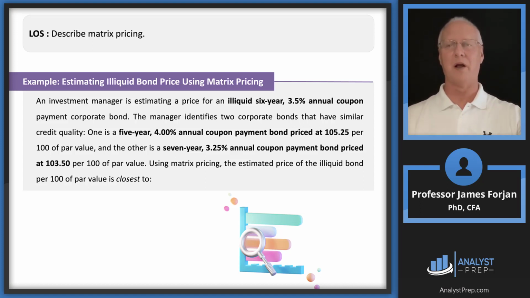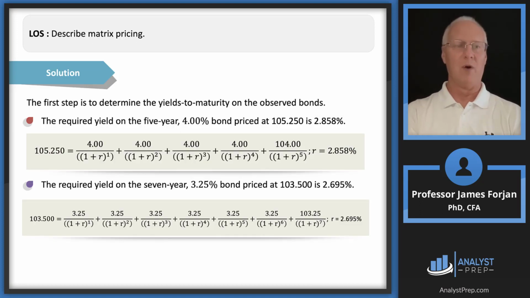So we're going to take the 5-year bond, which has a similar coupon, and the 7-year bond, which has a similar coupon, and we're just going to average those. So using matrix pricing, how are we going to do this? Well, the first thing we're going to do, as in step 1 earlier, is solve for the yield to maturity on those 2 bonds. We're not given that yield to maturity.